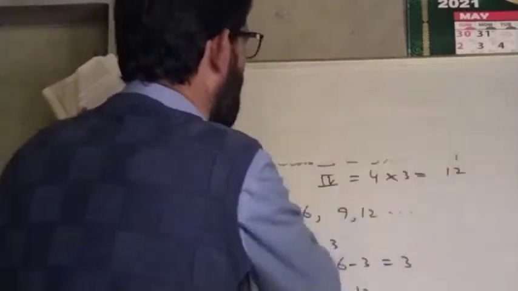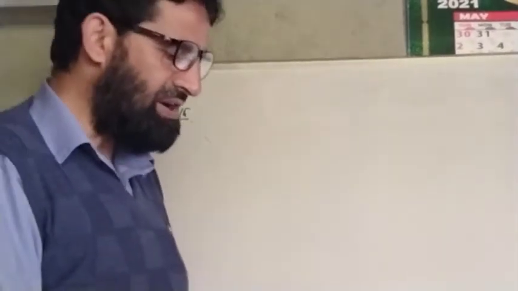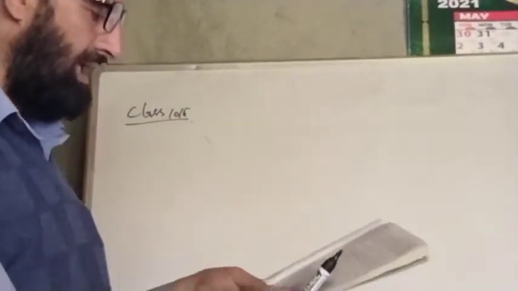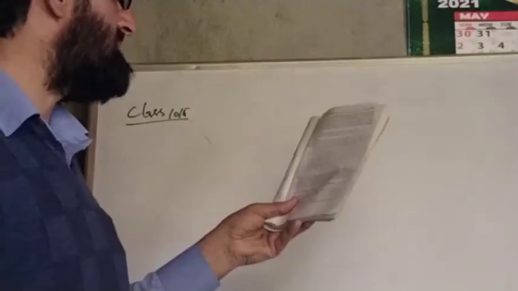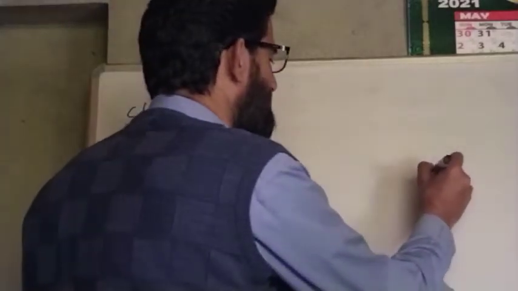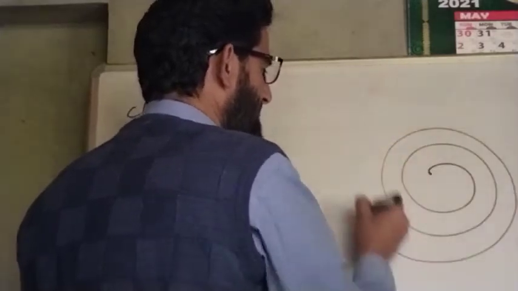Now question number 18 reads, a spiral is made of successive semicircles. It's a spiral like this.